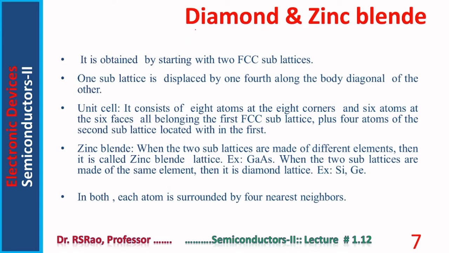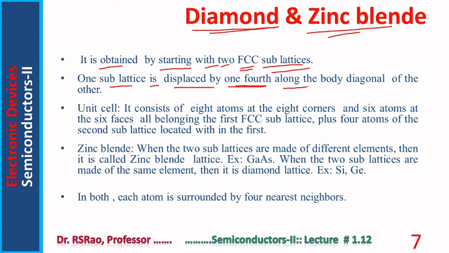A few points regarding diamond and zinc blend structures. It is obtained by starting with 2 FCC sublattices. One sublattice is displaced by 1/4 along the body diagonal of the other.